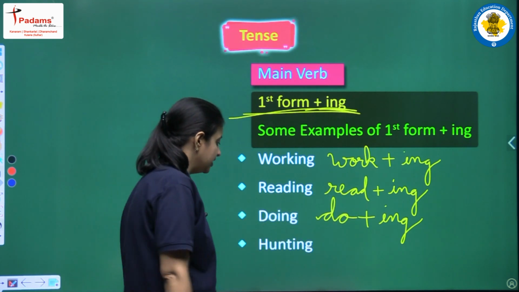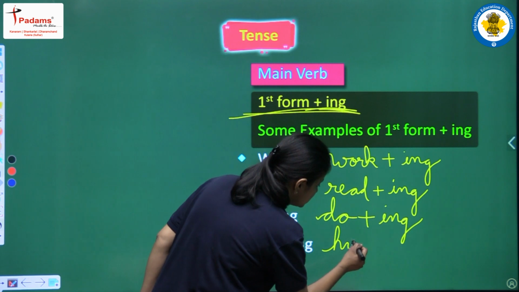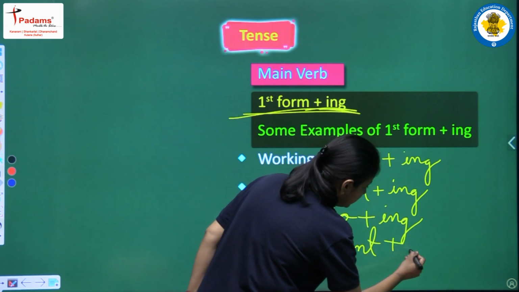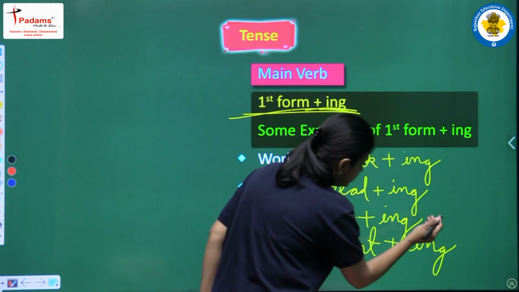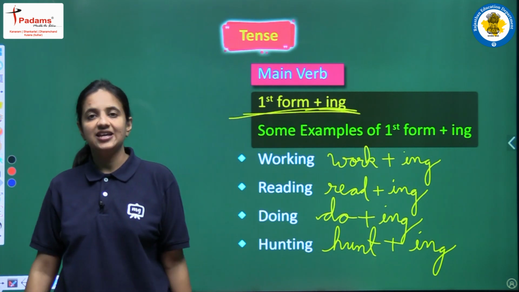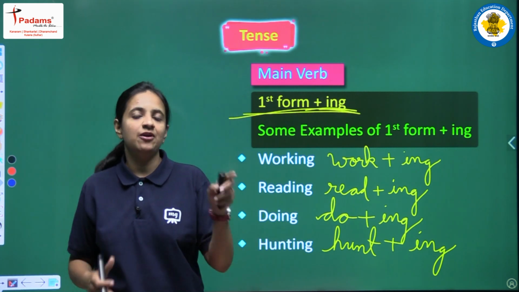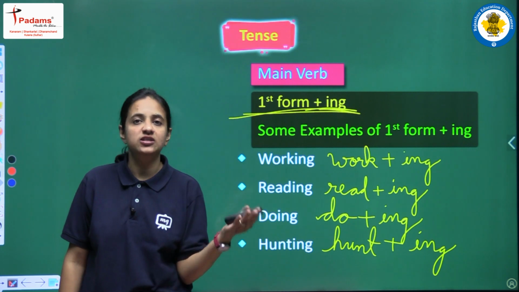Next we are having hunting. Again it's hunt plus ing. Hunt is a main verb and we are adding ing, so it will be hunting. So yes, in past continuous tense we are having two helping verbs, was and were.